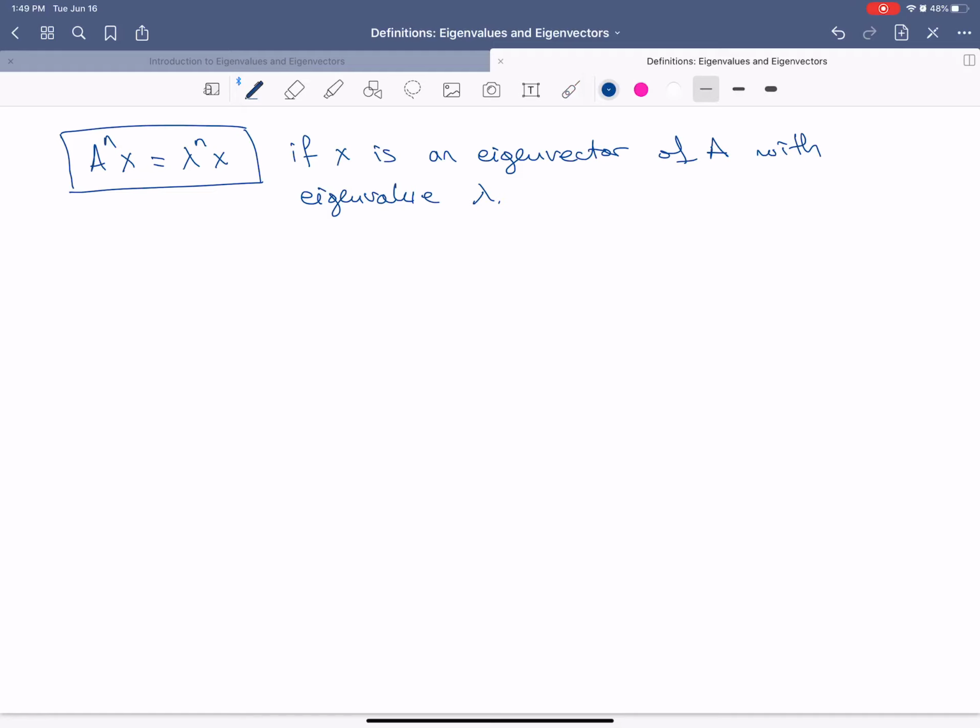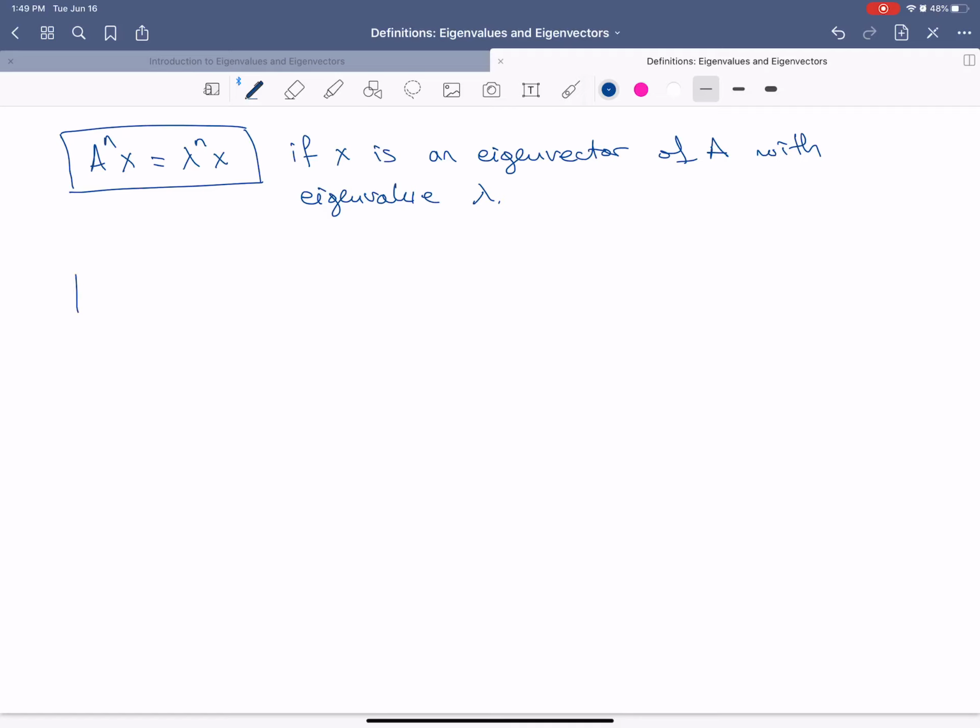Now, why were we looking at these properties? Well, we were looking at the properties to see how to figure out what lambda and x must be given a matrix A. So the question of how to find eigenvalues and eigenvectors remains.